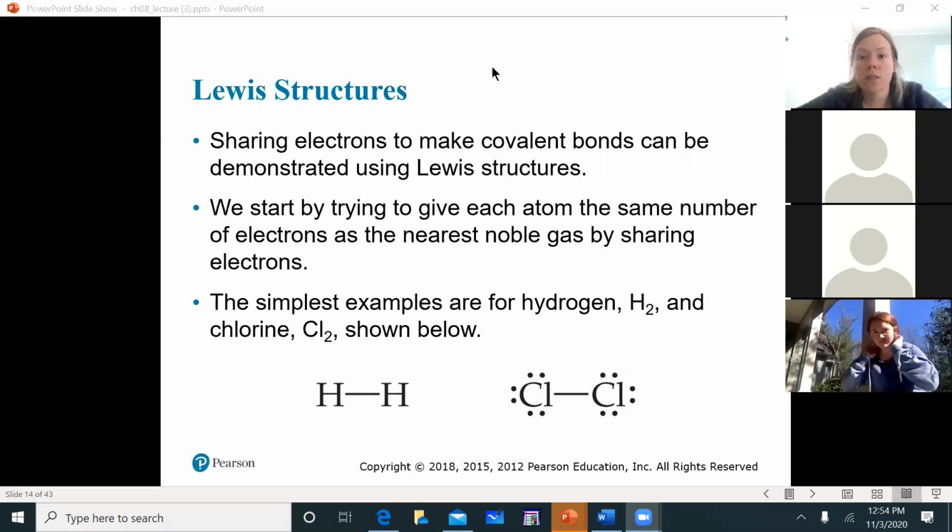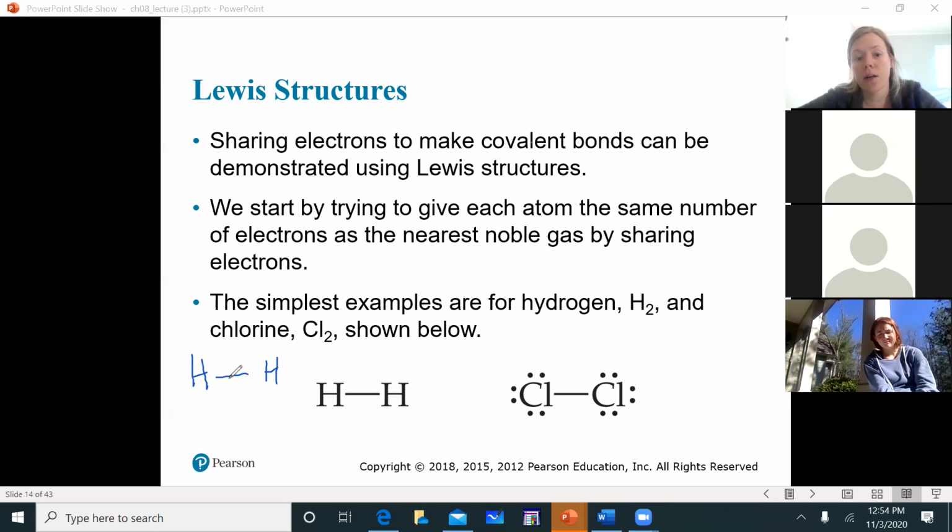If I look at hydrogen on its own, its Lewis structure looks something like this. Hydrogen has 1 valence electron. This hydrogen over here also has 1 valence electron. So it's actually more stable for these two to share these electrons. Instead of hanging out by themselves, they're going to put these 2 electrons between the 2 of them.